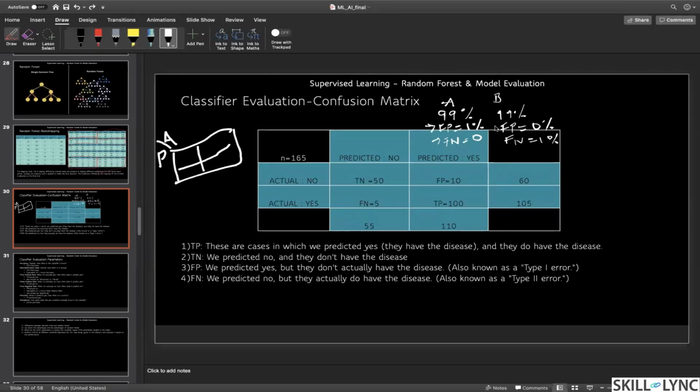That's a type 2 error. So we should try to come up with a model which reduces your type 2 error, because that is severe in this case. In case B, 1% of the patients are false negatives. That is a severe problem because a person has a disease but we are not able to predict that.